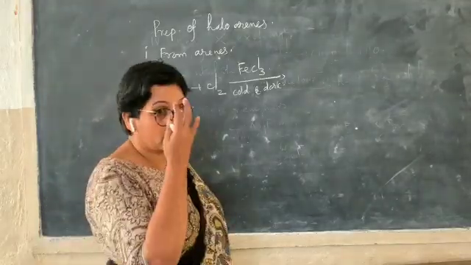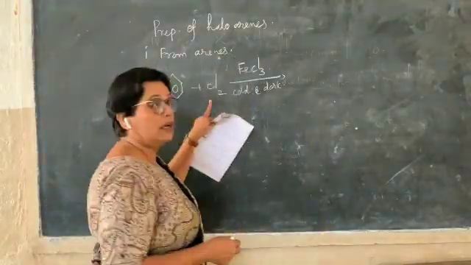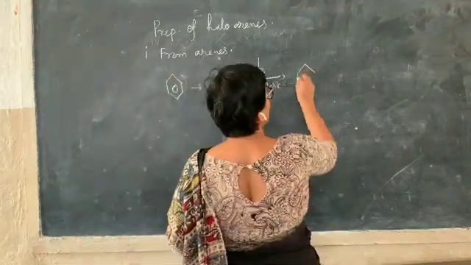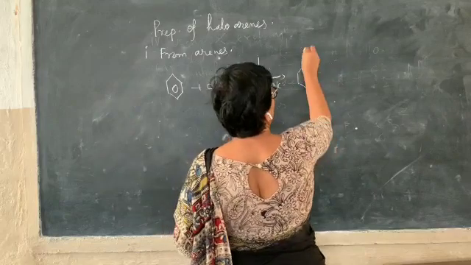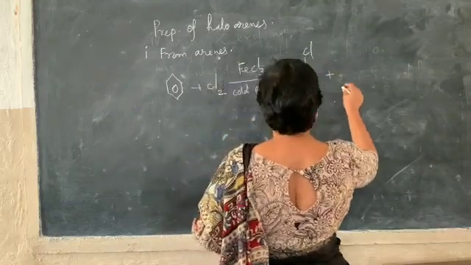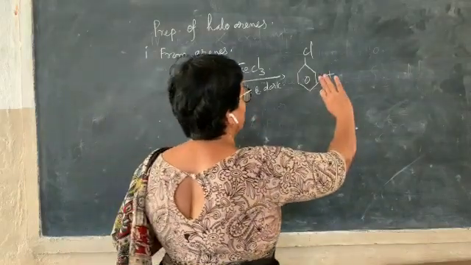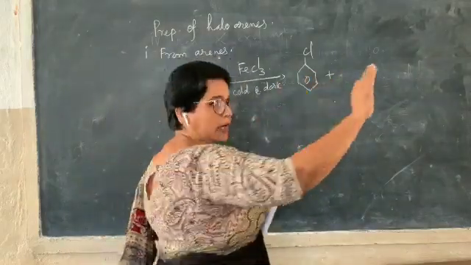In this environment, benzene is treated with chlorine gas, so chlorobenzene will be formed here. This is chlorobenzene.